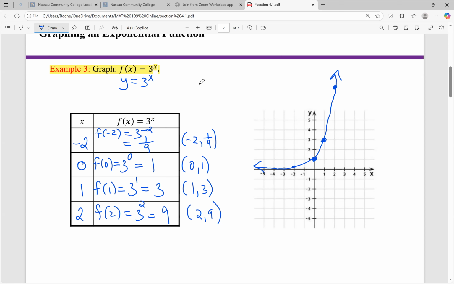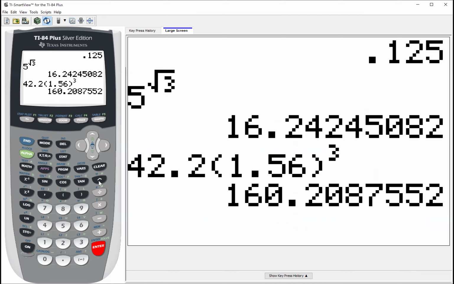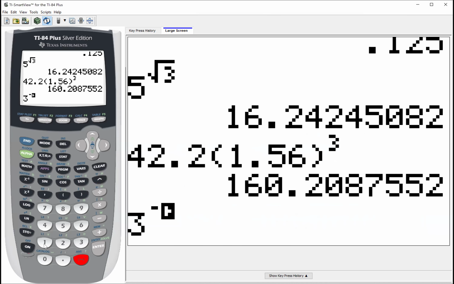And I want you to see something. We're doing my function's 3 to the x, right? Let's make x a really, really negative number. So what if I had, I'm sharing my calculator now, 3 raised to the negative 1,000.